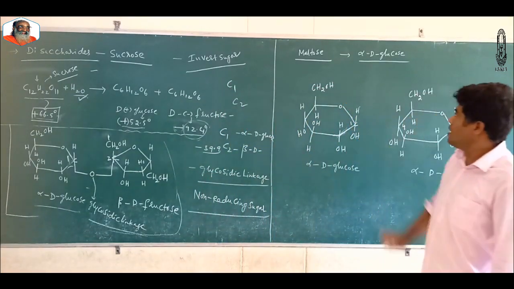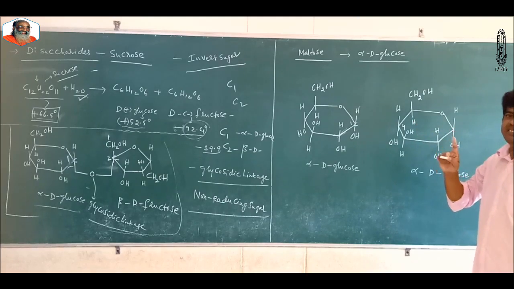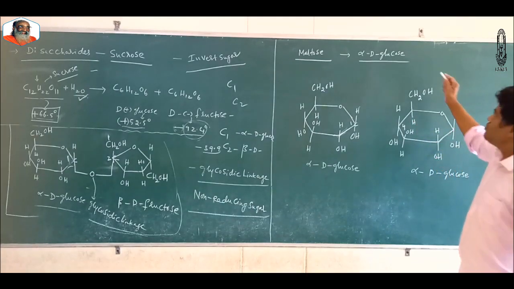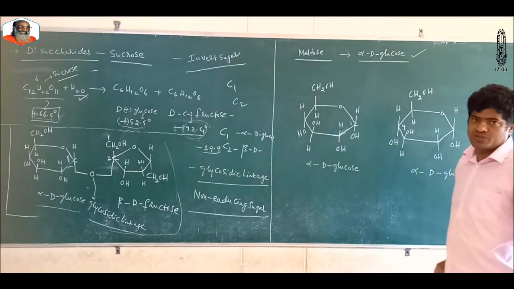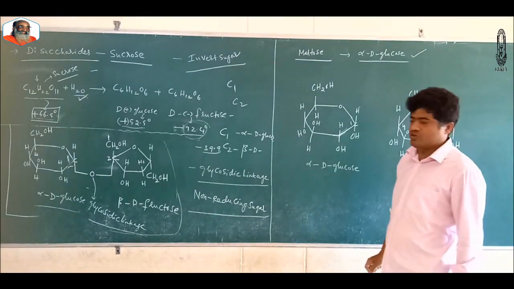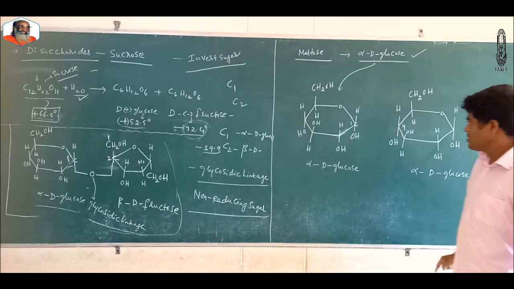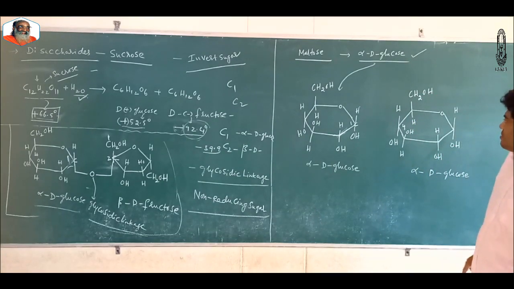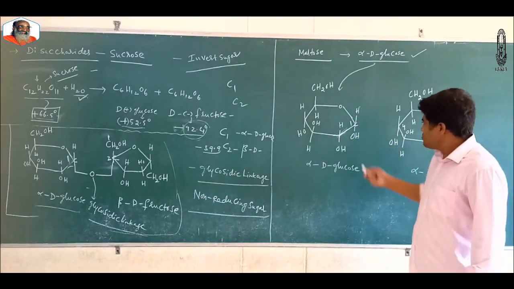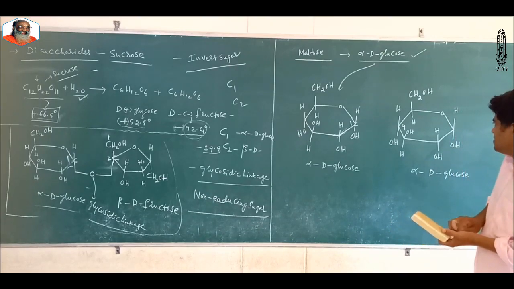Now we will be discussing maltose. Maltose is also a disaccharide which gives 2 units of alpha D glucose. The structure of alpha D glucose is shown here. Now again I am saying, glycosidic linkage is very important for us.